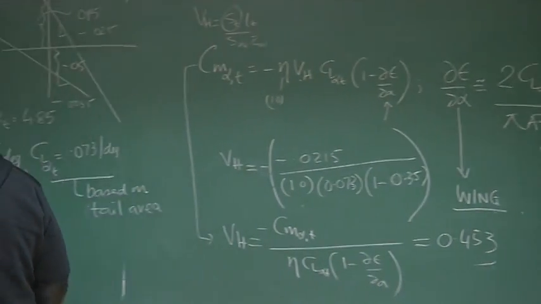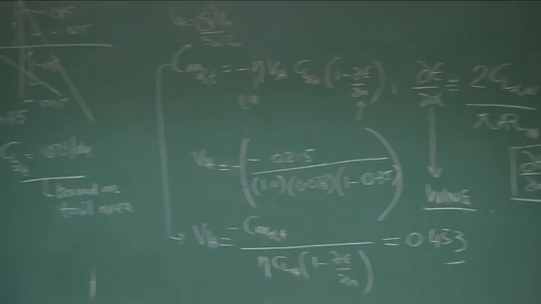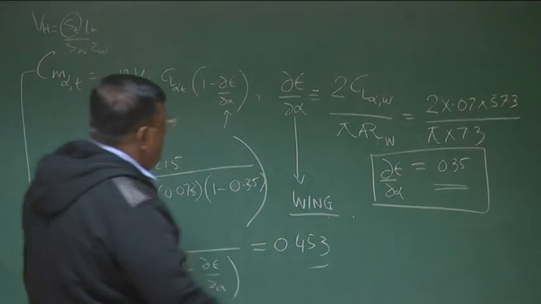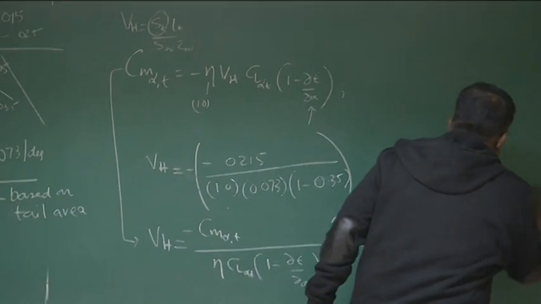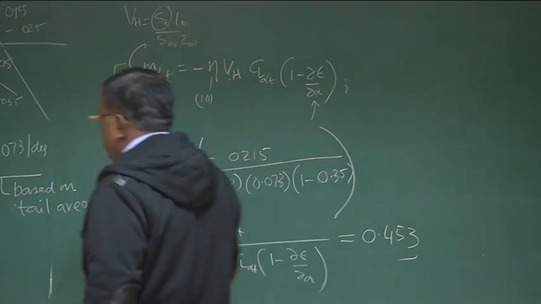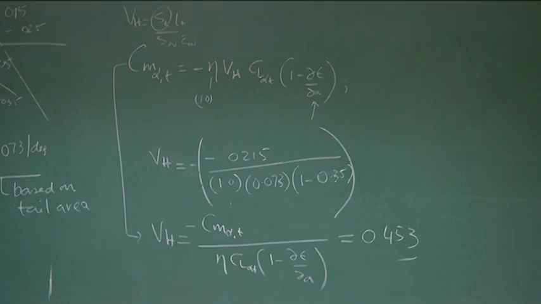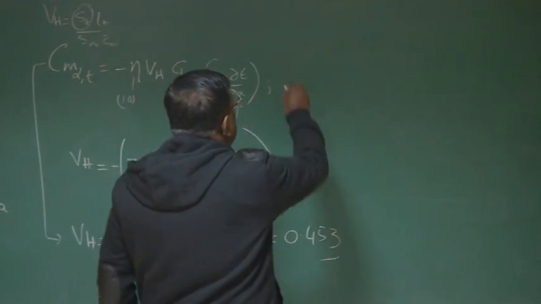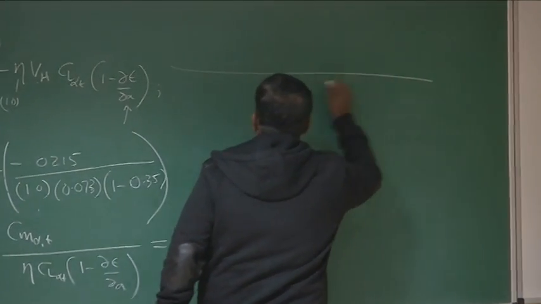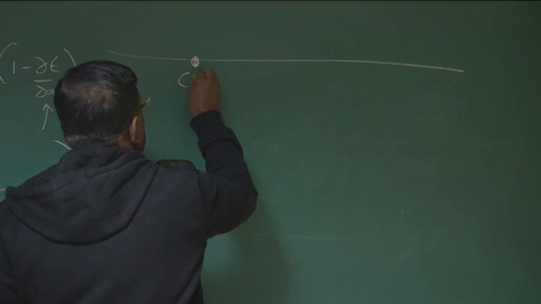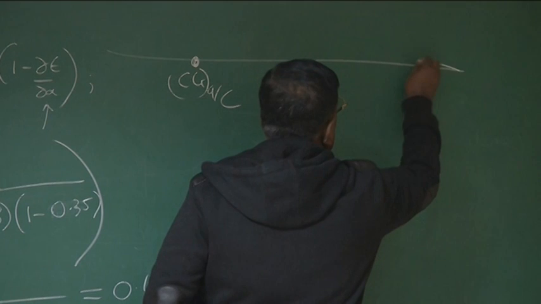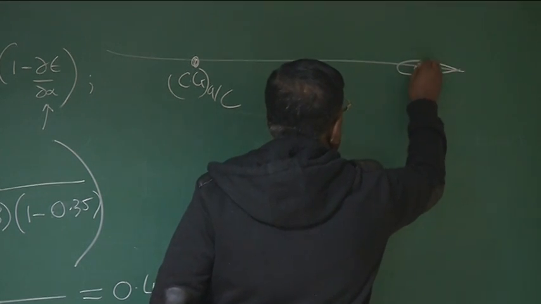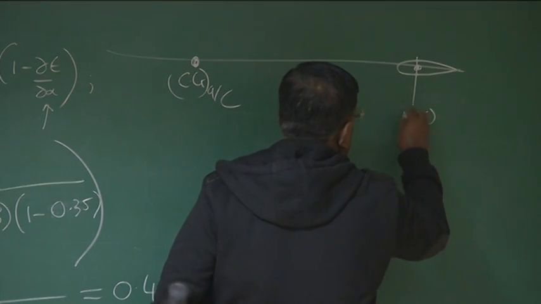And what is VH? Let us also understand before we use this number. So let me erase this part. What is VH? As a designer, we would like to understand it. Remember, if this is the center line of the airplane, and this is the CG of the aircraft, and this is the tail, and this is the AC of the tail, right?